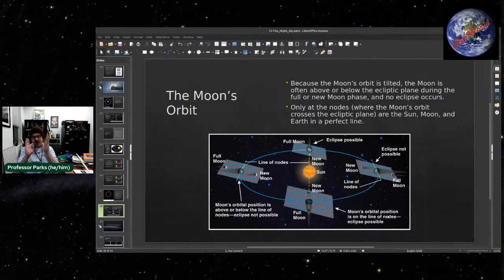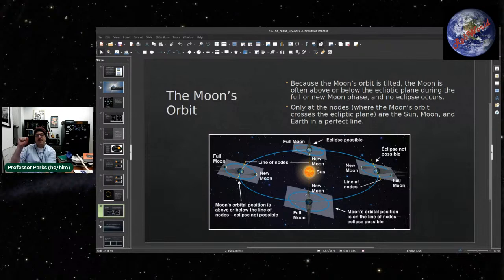But occasionally, you can have chance alignments. So now, if you go to the figure at the bottom of this diagram, the line of nodes is now directly pointed at the sun.